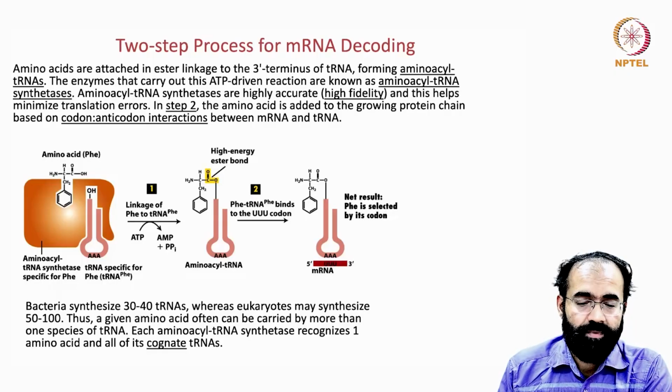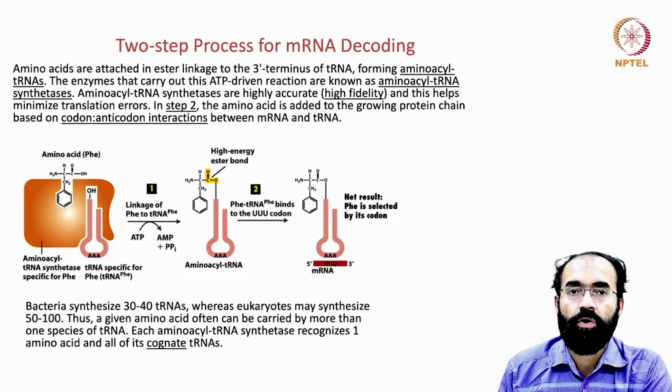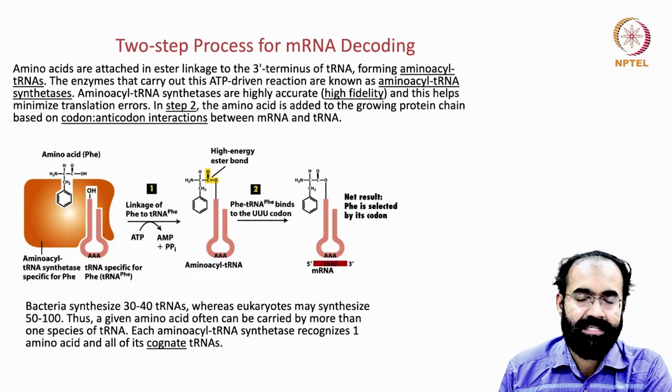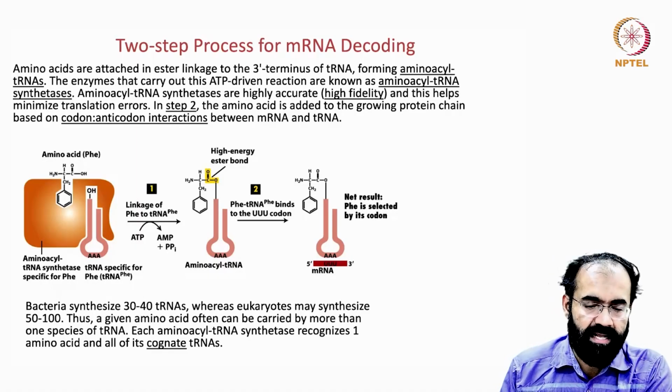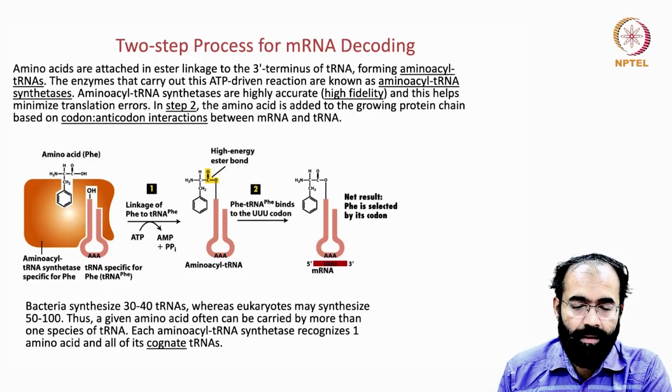That happens in step 1. In step 2, the amino acid is added to the growing protein chain based on codon-anticodon interactions that take place in the presence of the ribosome subunit between the mRNA and the tRNA. That is what you can see here. Aminoacyl tRNA synthetase catches hold of an amino acid and the tRNA, and creates the linkage of the tRNA with the amino acid, and this tRNA has to pair in the right place.